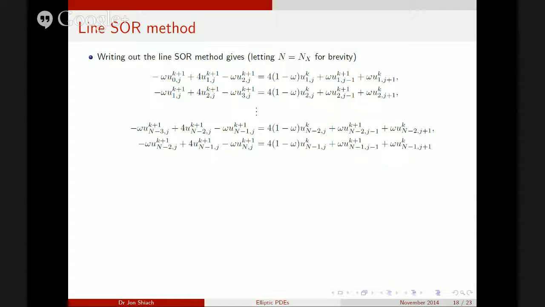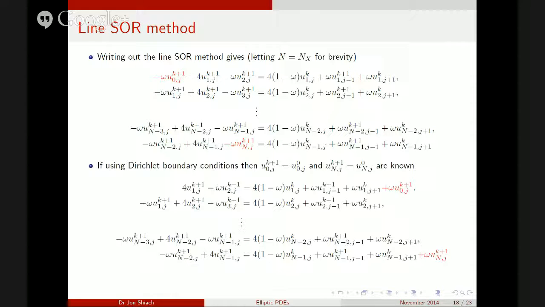On the left-hand side, we've got node 0, and we've also got node n. Those are the boundary nodes. Now, using Dirichlet boundary conditions, the ones in red can be moved over to the right-hand side. If we use Dirichlet boundary conditions, then the node on the boundary is always going to be the same.